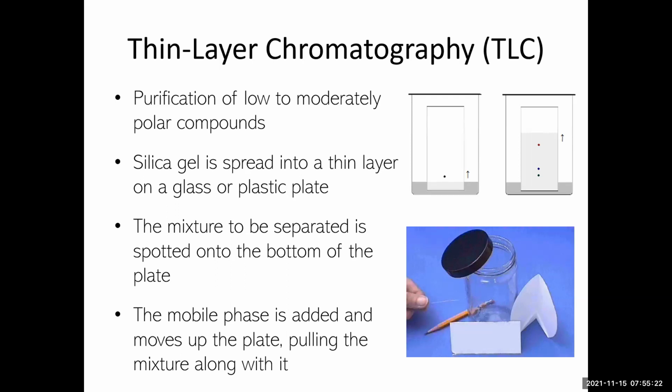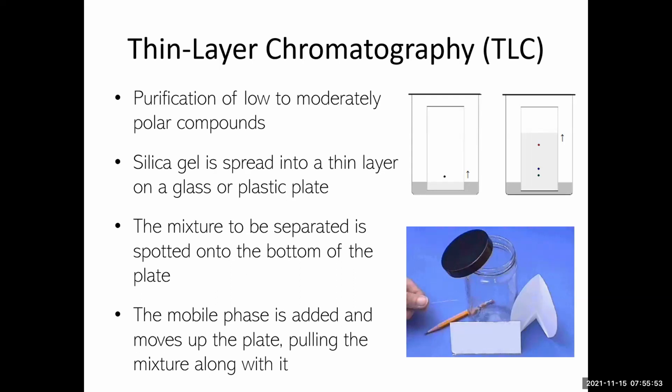So again, the silica gel is spread into a very thin layer on either a glass or plastic backing or plate. And the mixture to be separated is dissolved in a little bit of solvent. That's to make sure it's not too concentrated. If we were to put a pure compound on the plate, it would be so much compound that it would just streak all over the plate and wouldn't give us the visualization of the separation that we're looking for.